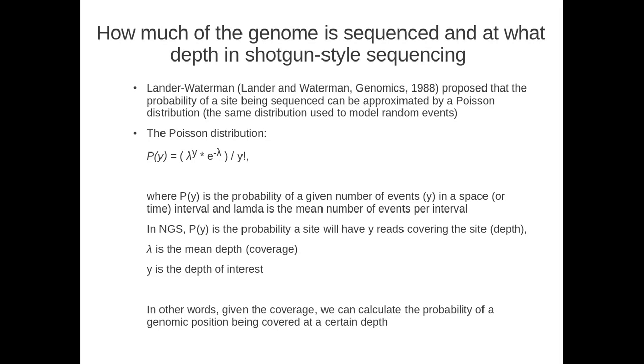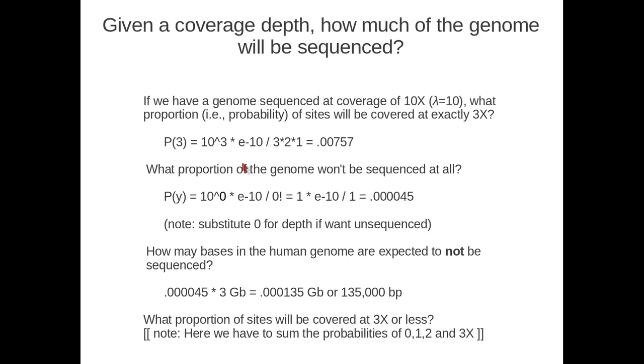And lambda here is 10x, or 10. So we substitute 3 and 10 in this equation, and this is factorial, so this is 3 times 2 times 1. And so the answer to the question, at a coverage depth of 10x, what proportion of sites will be covered at exactly 3x, is 0.00757.